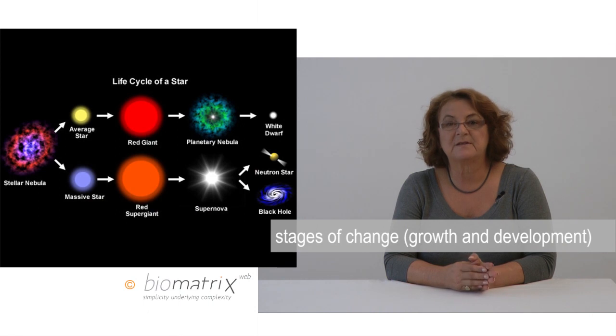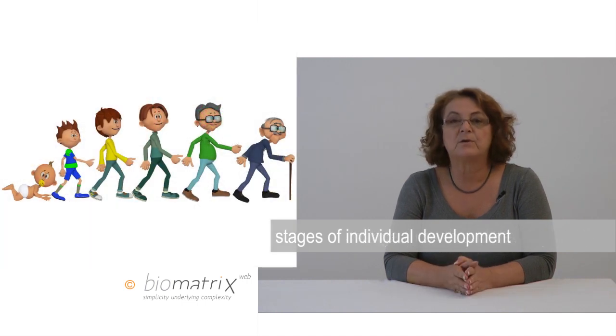As systems change, they go through identifiable stages of change. Typically, we call them stages of growth and development. For example, we can observe that a person goes through prenatal, early childhood, teenage, young adult, mature adult, and old age stages.